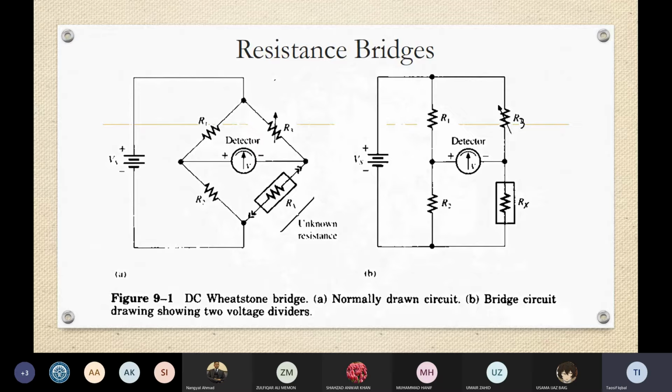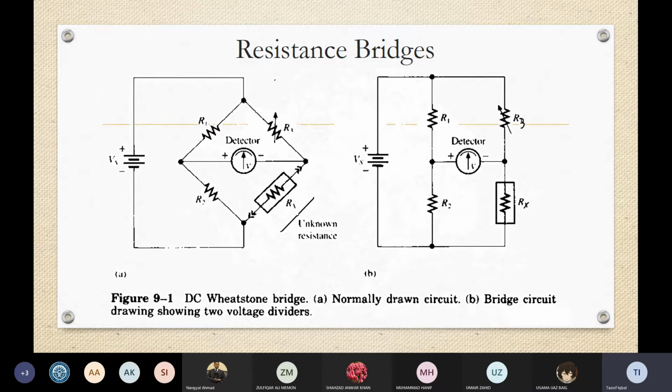So when the resistance ratio is balanced, the current in the galvanometer, in the detector, is zero, because when the resistance ratio is balanced, the voltage at the midpoints on both sides of the galvanometer is going to be the same. Therefore, there shouldn't be any current flow in this branch.